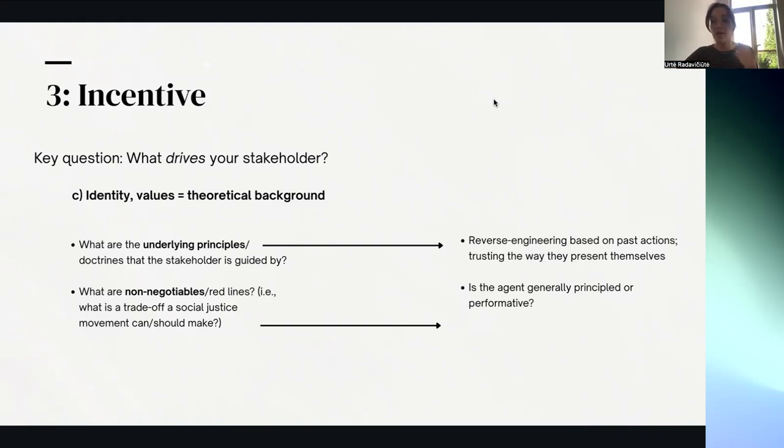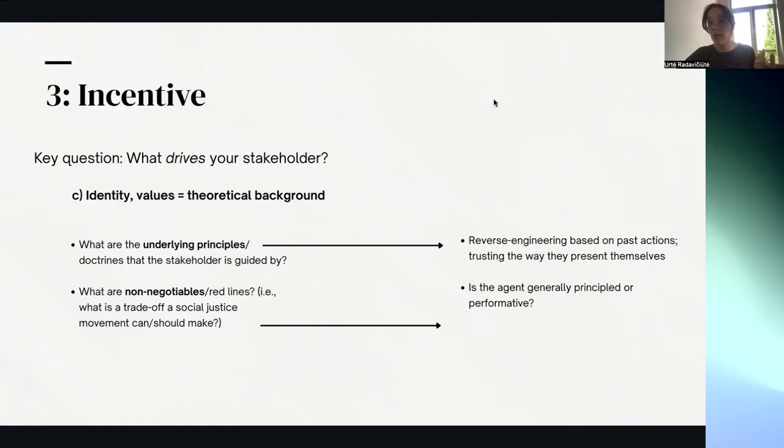So questions that you could ask yourself to guide this sort of analysis are, what are the underlying principles, doctrines that the stakeholder is guided by? And here, if you're completely unaware, you think about what past actions the stakeholder has taken, and you try to reverse engineer what might have been the underlying principle behind them.